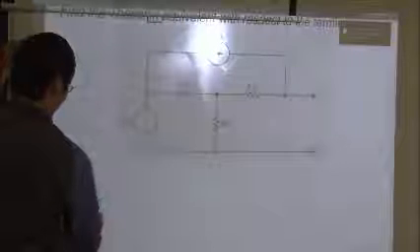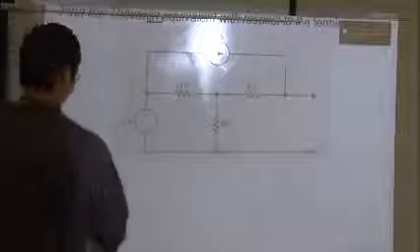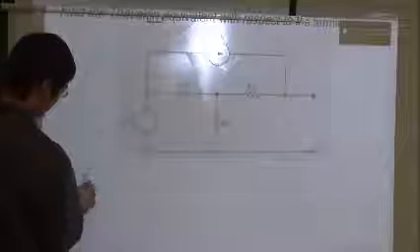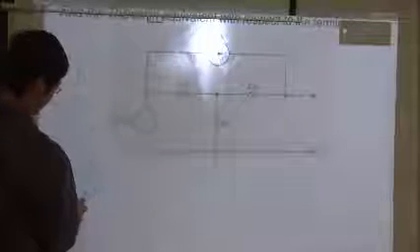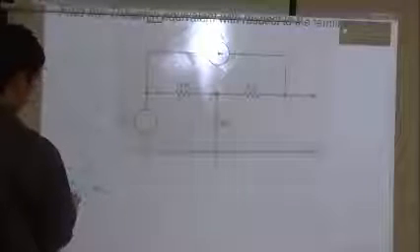It's node A and node B. So first you have this drop, then you need to find out what's the current this way.